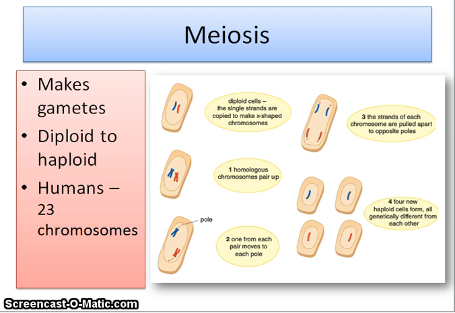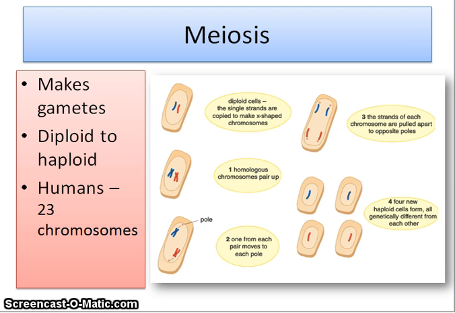The cells made by meiosis are haploid gametes. If you remember, we talked about diploid earlier. Now haploid contains half the diploid number of chromosomes. So where we say haploid, it's the 23, diploid is the 46, because di is 2, hap is 1.